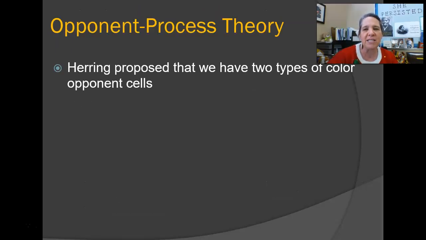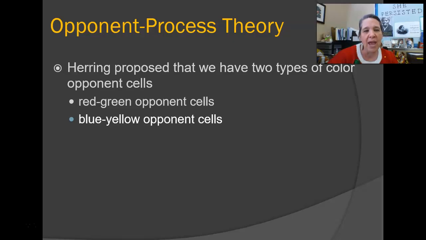But because of this idea of after imaging, the psychologist Hering said that we have 2 different types of color opponent cells. Okay, opponent means opposite. So we have red-green opponent cells, and then we have blue-yellow opponent cells.